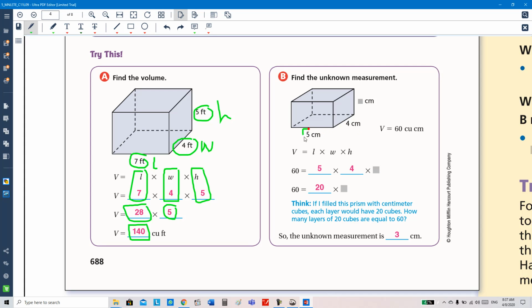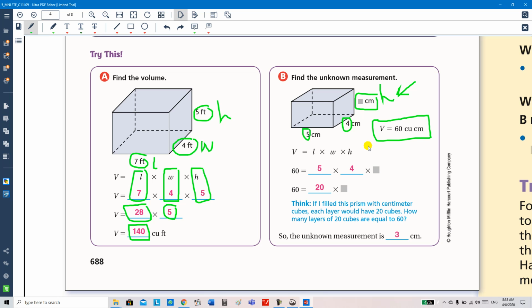Okay, the same here. We have 5 and 4, and here we don't have the value of height. So we want to get the value of height here, and he gives us the real volume.